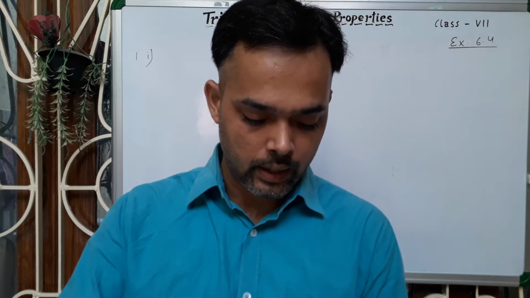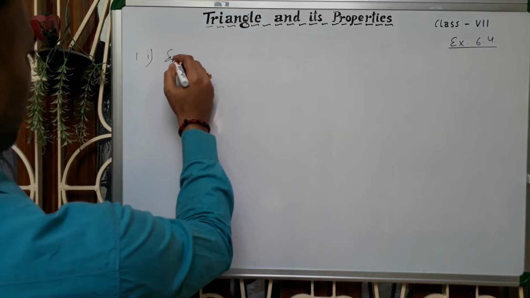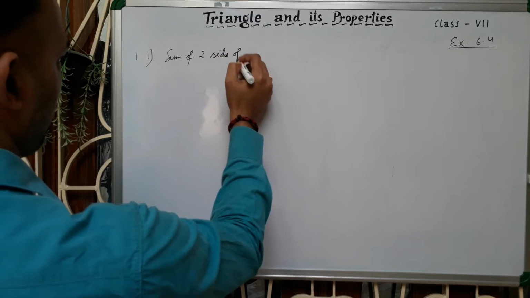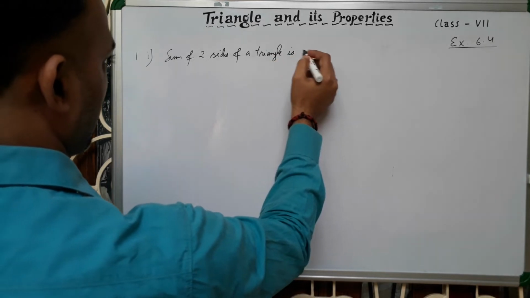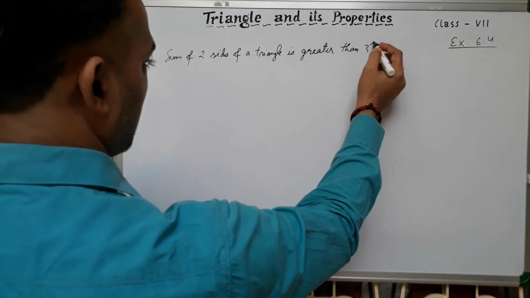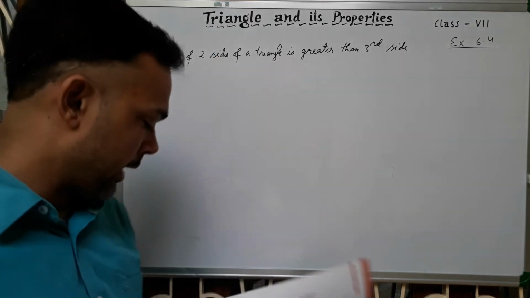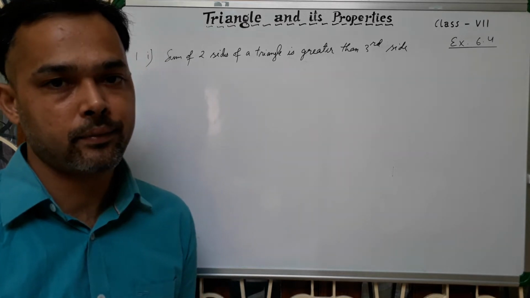The property is that the sum of two sides of a triangle is greater than the third side. Here the sides given are 2 centimeter, 3 centimeter and 5 centimeter.